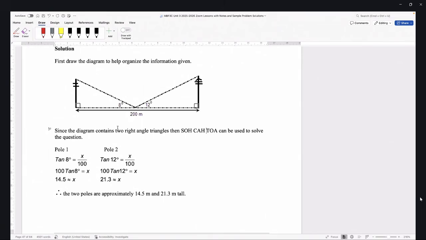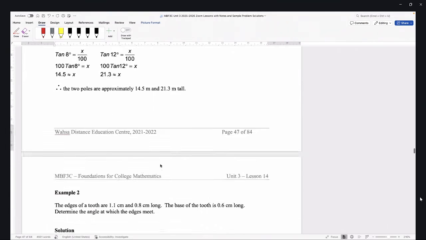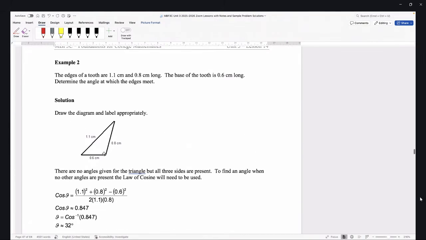SOHCAHTOA, if you have right angles. So right here, that's a right angle. There's a right angle. So we can use sine, cosine, or tan. And if you have a choice, sine, cosine, or tan are pretty easy to do when you think about it. Once we get into non-right triangles, if you have three sides, you've got no choice but to use cosine.